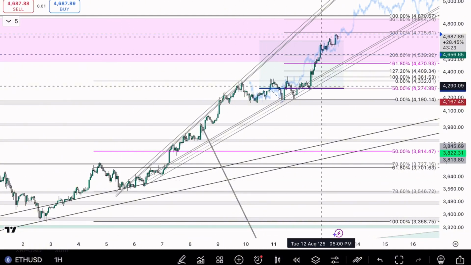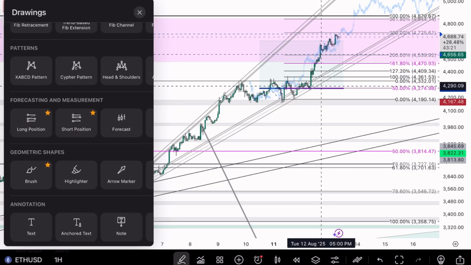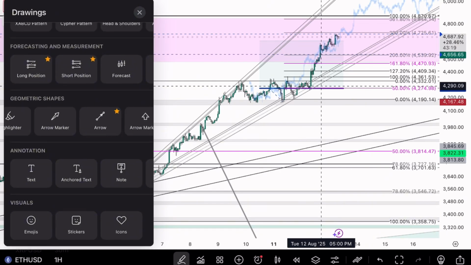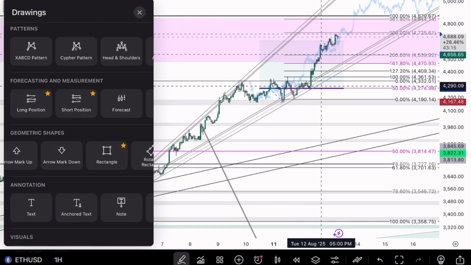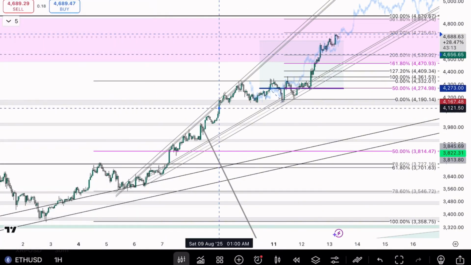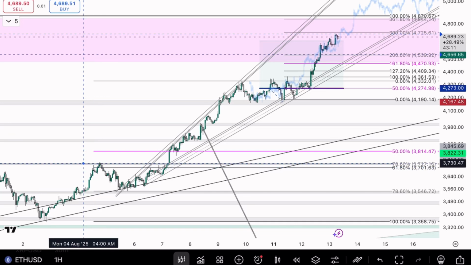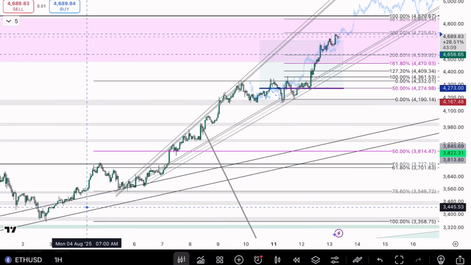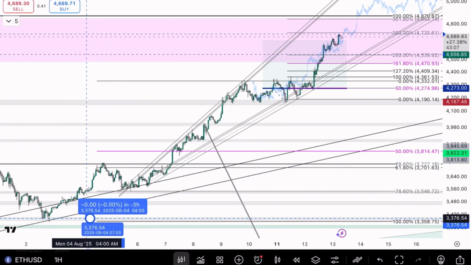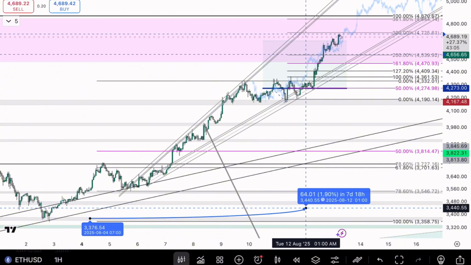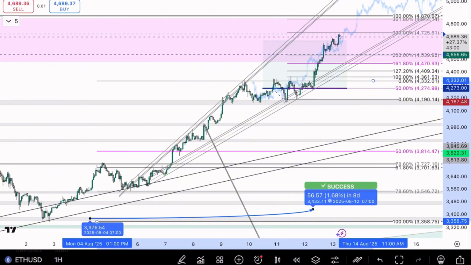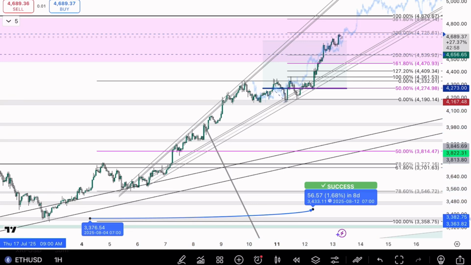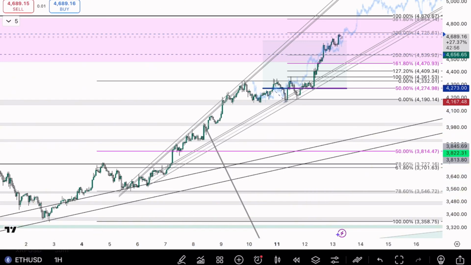So I'm gonna go back to the forecast. Where is it? Right there. And then I want to catch this area right here. I'm gonna just start right here and then go all the way to here, which is, I didn't pick the right one.